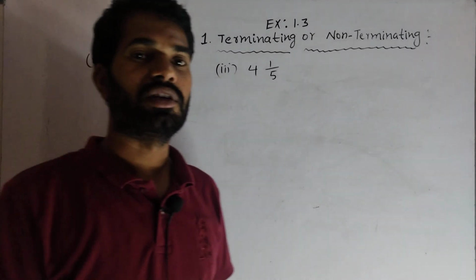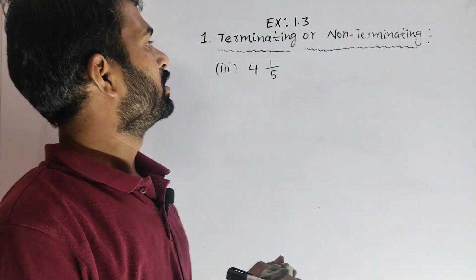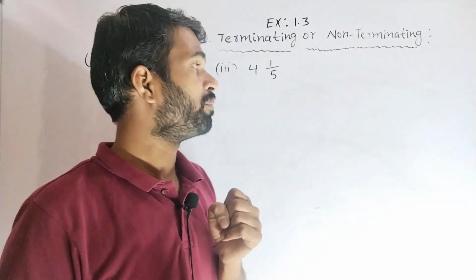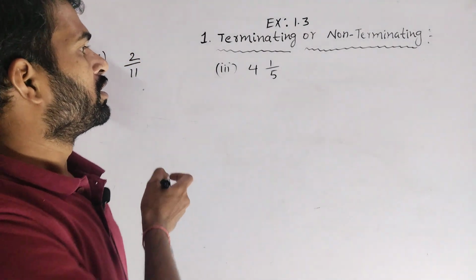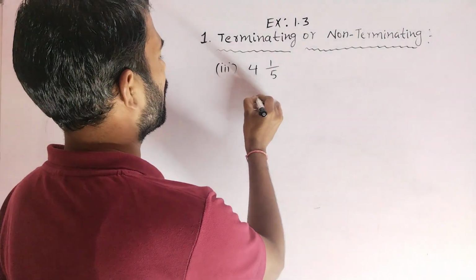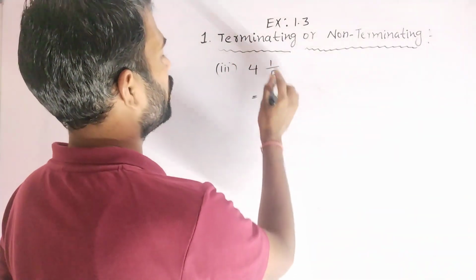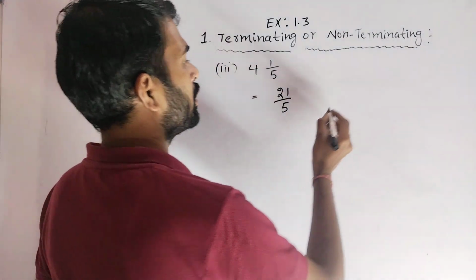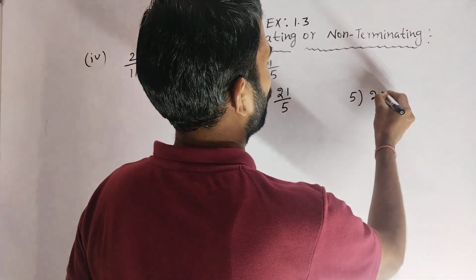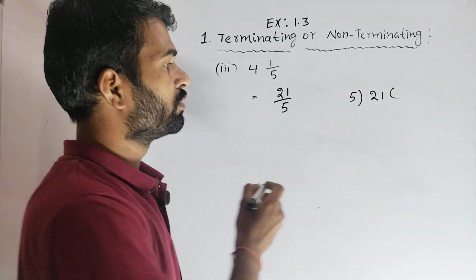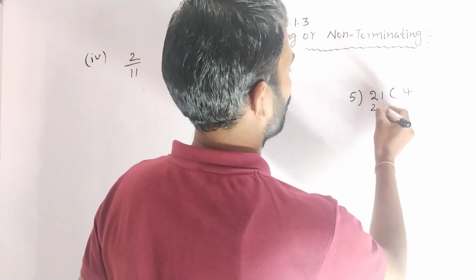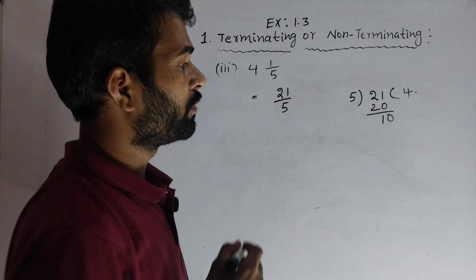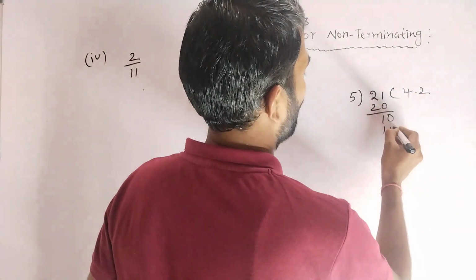Write the given number in the form of a decimal and state whether it is a terminating decimal or non-terminating decimal. This is question number 3. This is a mixed fraction. I am writing 5 4s are 20, 20 plus 1 is 21 by 5. I am dividing 21 with 5. 5 4 times, 21 is the remainder. Point, I am taking 0, 10. 5 2 times 10.